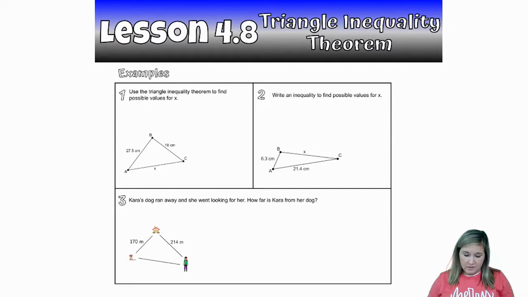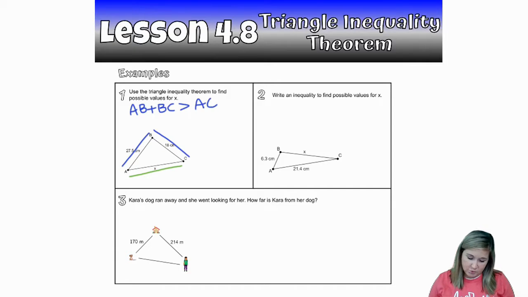We have a triangle here, and it says use the triangle inequality theorem to find possible values for x. So our x side here is AC, and that's the one we're trying to find possible values for. What we know based on the triangle inequality theorem is that AB plus BC has to be greater than AC.